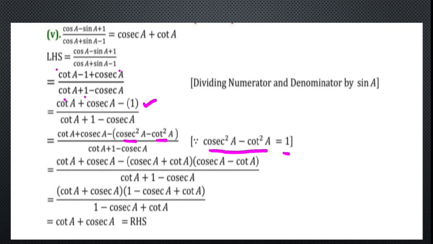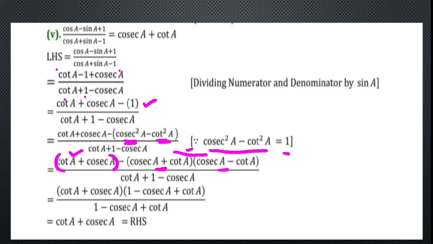Now this can be represented using the A square minus B square formula. So you can write A plus B into A minus B, that is cosec A plus 1 into cosec A minus 1. Now these are in a bracket. If you look at this term and this whole term, you can take cosec A plus cot A as common.